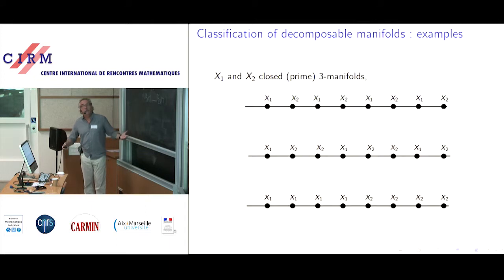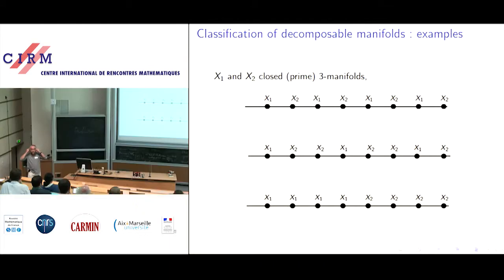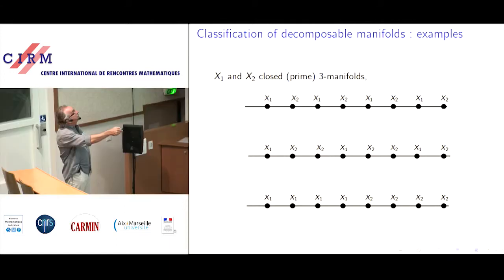So here are explicit examples. Look at this picture. I construct three manifolds, taking x1 and x2, two closed prime three-manifolds. For example, one is a lens space, and the other one is a closed hyperbolic manifold. And you do the construction of connected sum like this: x1, x2, x1, x2, and then x1, x2, x2, x1, x2, x2.